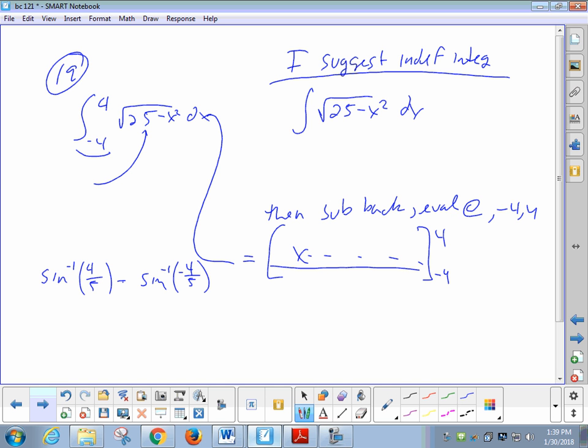It said add them together, because it was 25 over 2 times 3, and then they added them together, and then you got 25 inverse sine of 4/5 plus 1.5 inverse sine of 4/5. That's funky. I got 25 over 2. I don't know if my math is bad.